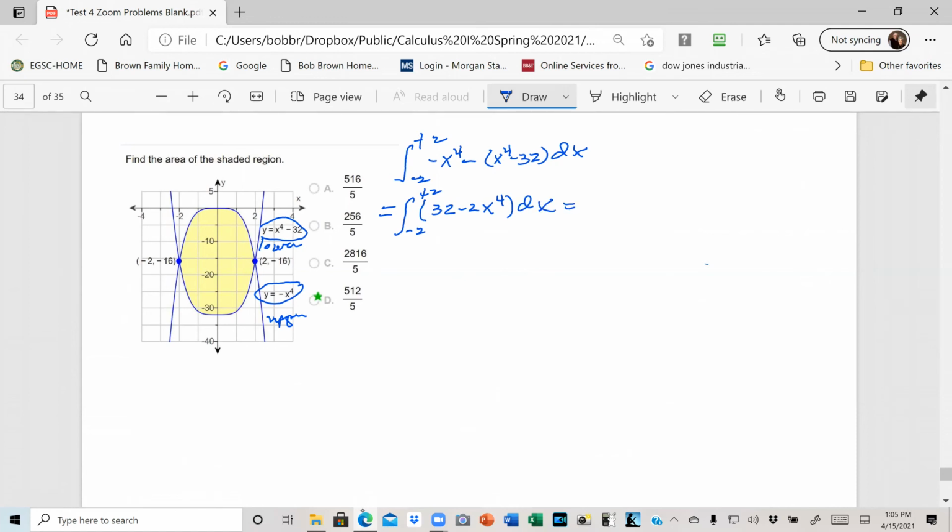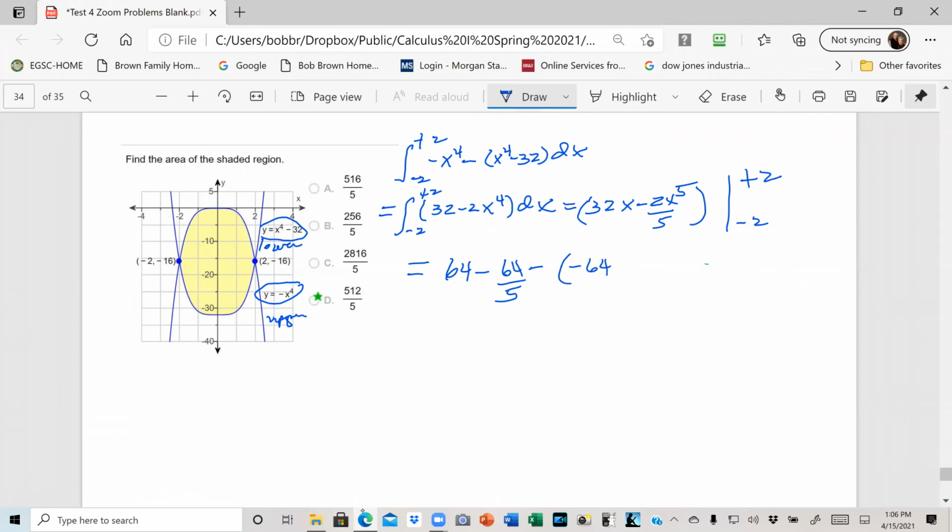And this is going to be 32x minus 2x to the fifth over 5. And we want to calculate that between minus 2 and plus 2. So plugging in 2, we get 64 minus 2 times 2 to the fifth, which is 64 fifths, minus, plugging in minus 2, we get minus 64.